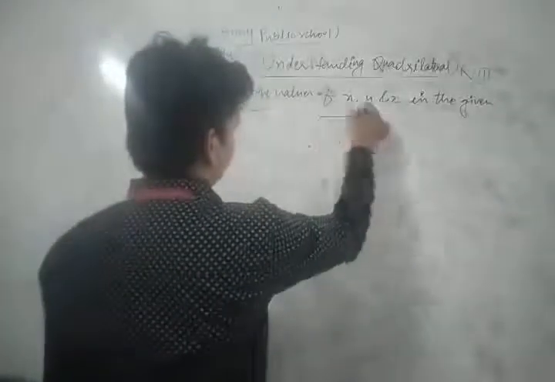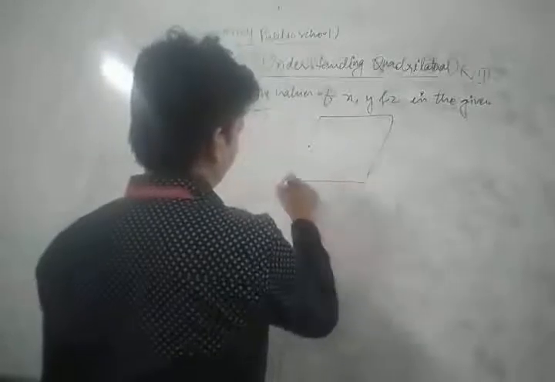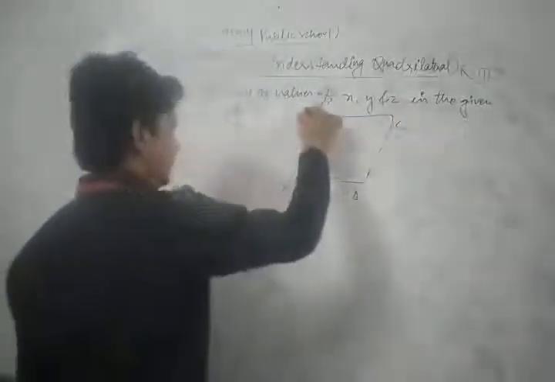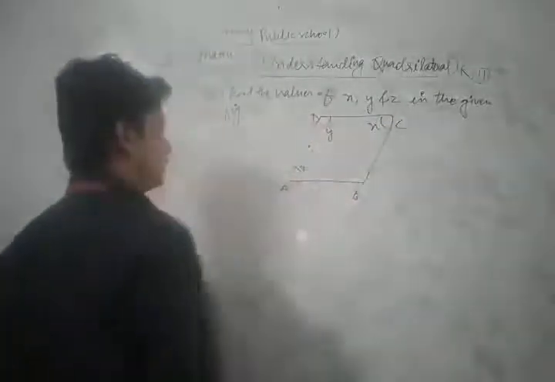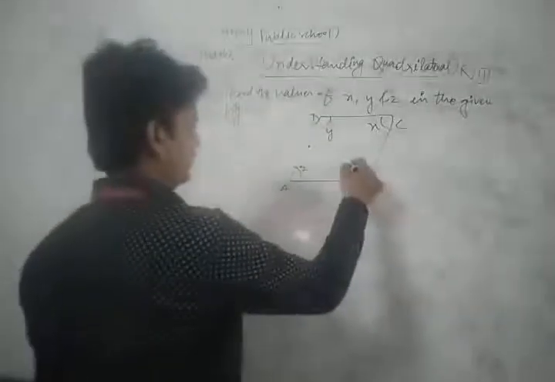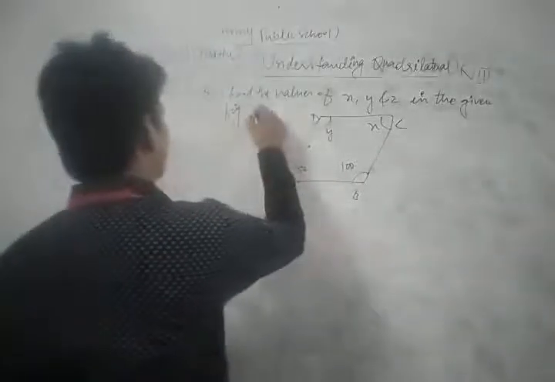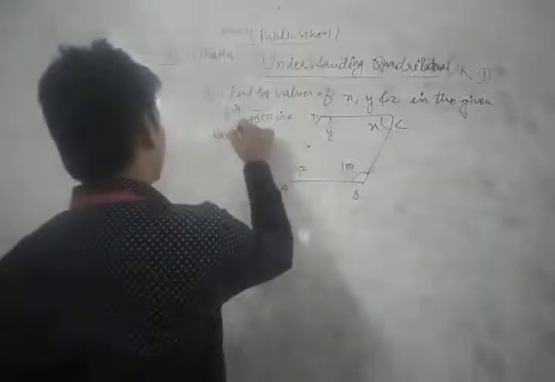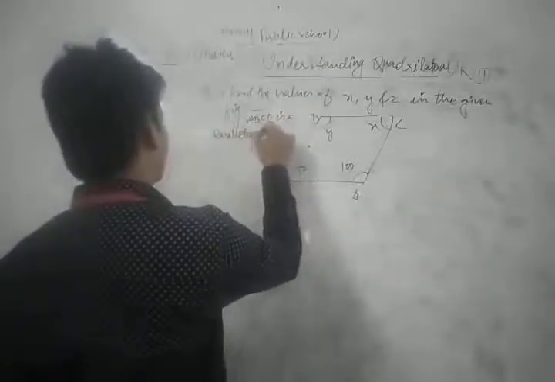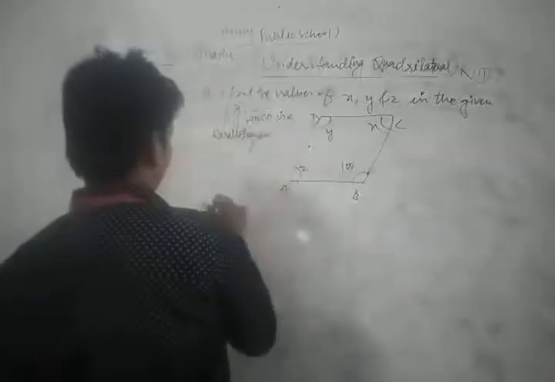And the figure has A, B, C, D, X, Y, Z and 100. And here A, B, C, D is a parallelogram. Now let's see its solution.